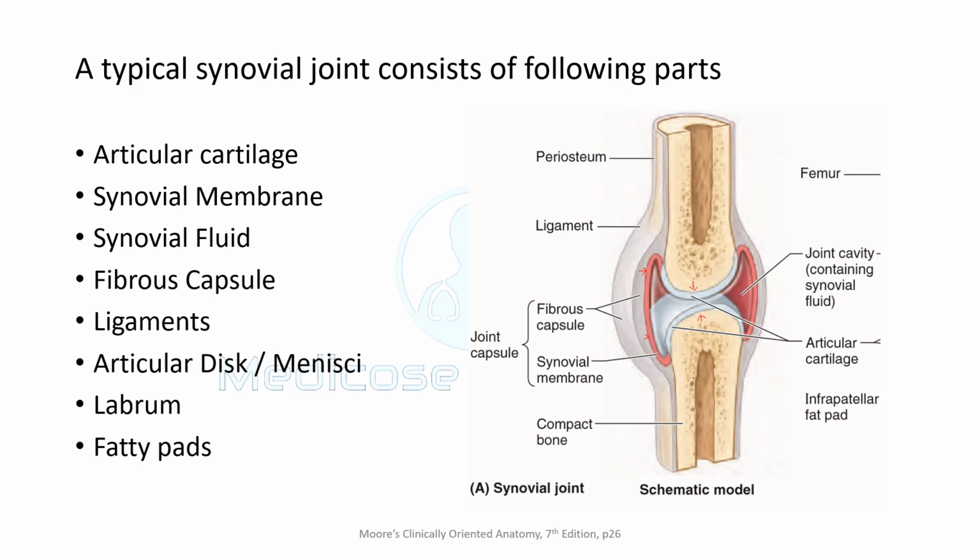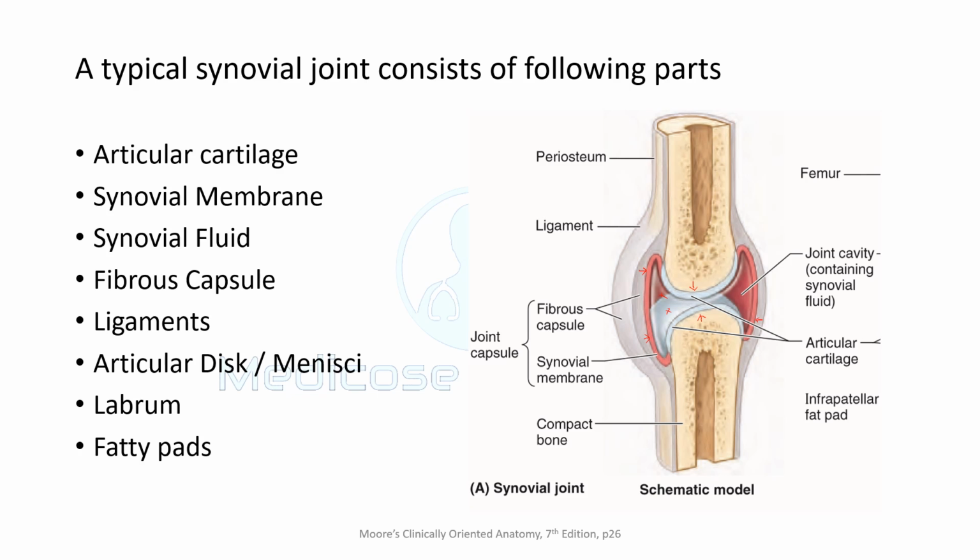It provides a smooth surface for friction against the capsule, and it is also responsible for the production of the synovial fluid. Then the whole cavity is filled with the liquid known as synovial fluid. Its functions are sometimes asked: it lubricates the joint, it gives nutrients, and it provides a medium for exchange of waste material also.